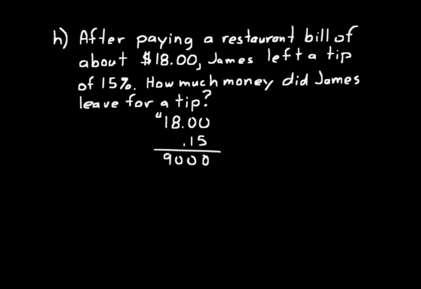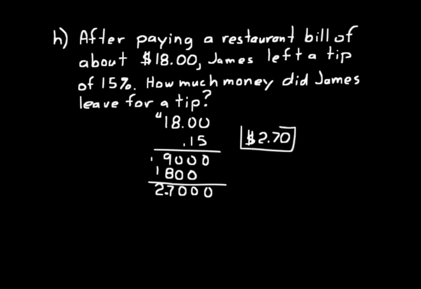That was 5 times the 1800, and then 1 times 1800. Go ahead and add these together, and move the decimal place over 4. We'd have 2.7000, or $2.70. So that's the tip that James left, $2.70.